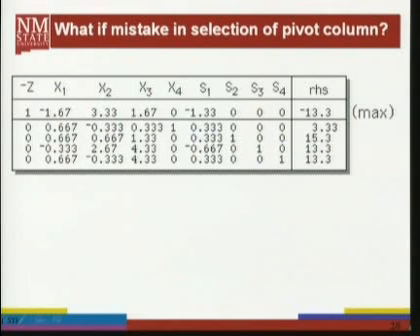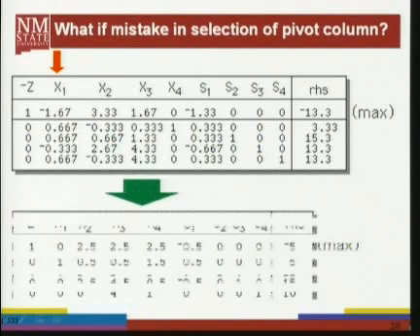Next, what if an error is made in the selection of the pivot column? With this table, either X1 or X2 or X3 should be selected to enter the basis, because these variables have positive relative profit, which means that the objective function value can be increased further. However, suppose we selected the X1 column for the pivot by mistake.